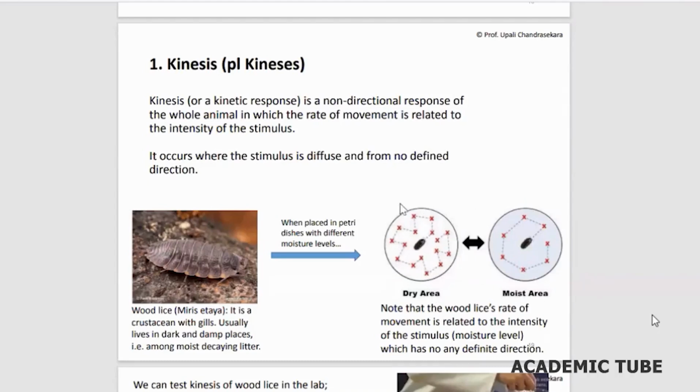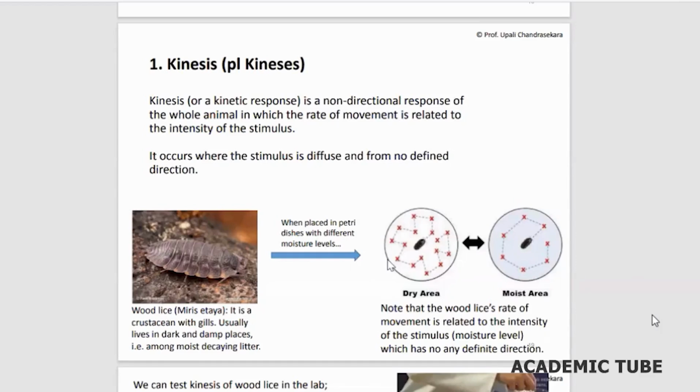Now as far as the dry petri dish is concerned, immediately after we put this little guy in, what it does is that it moves here and there very, very fast.